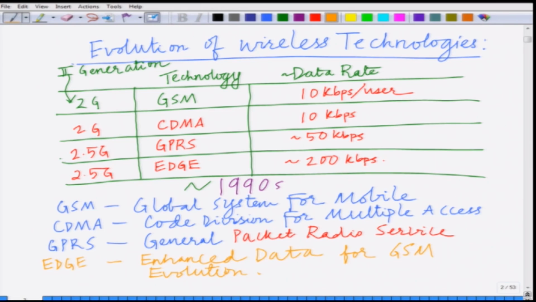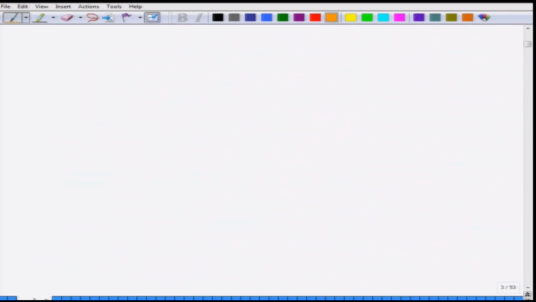And this is the basic scenario of the 2G wireless setting. Moving on, these 2G wireless communication systems evolved into the third generation wireless communication systems.